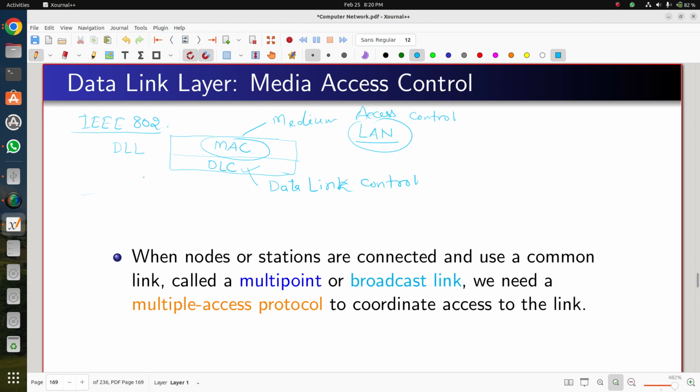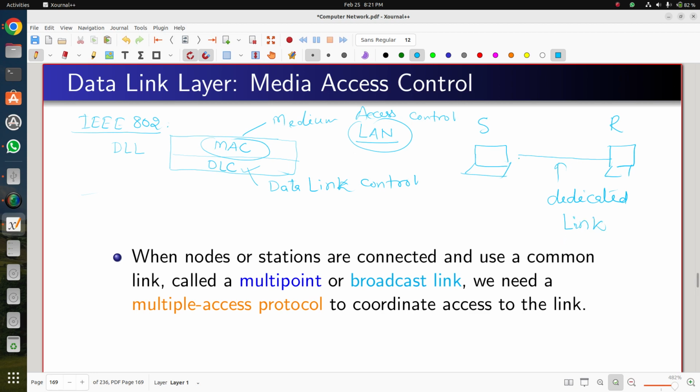Now let's talk about what medium access control is. As I earlier told you, when two devices want to communicate, there may be two kinds of scenario. One is that these two devices, suppose this is your sender and this is the receiver, have a dedicated link. It is also called a point to point link.